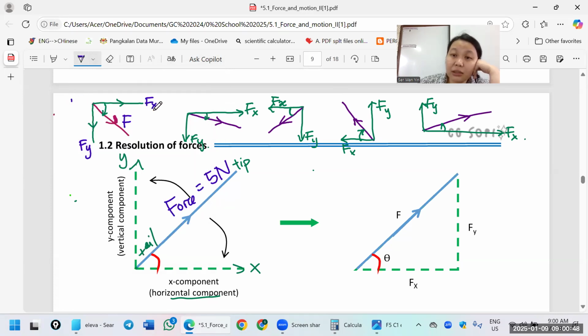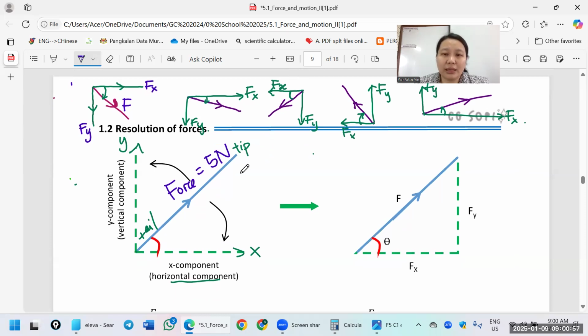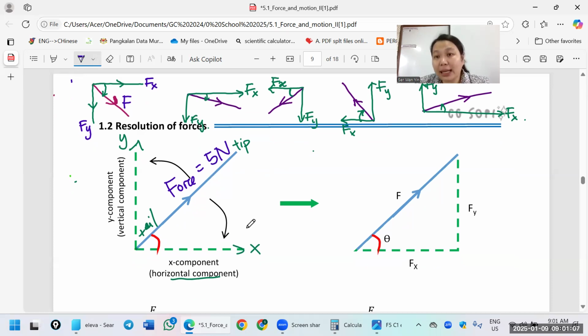Okay, and because you have resolved the force into horizontal and vertical already, now what you should do is, just like what we drew before, we cut and paste. So now we normally cut the y over here.